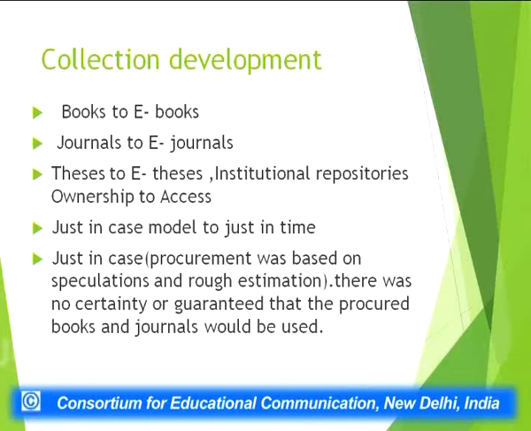That means libraries no longer focus on having physical ownership of various forms of documents or various carriers of information. Rather, the library focuses on providing access to those resources to the users. So now there has been a shift from physical ownership to providing access to various scholarly content to the users. Just in case model to just in time.